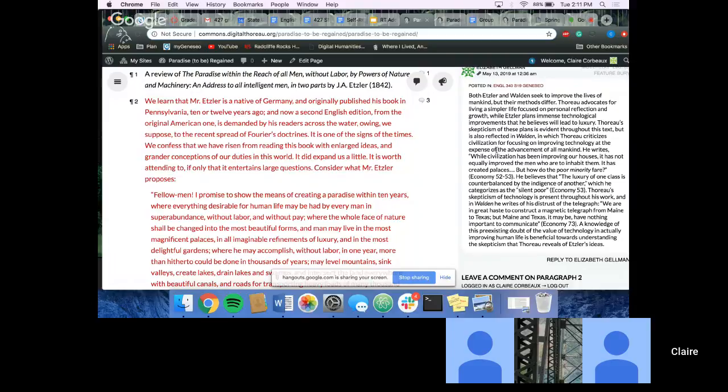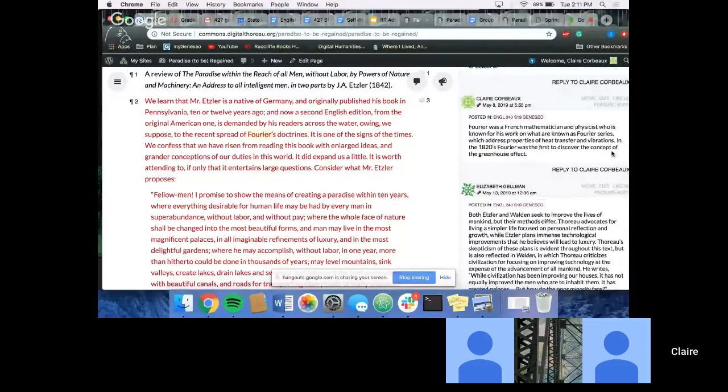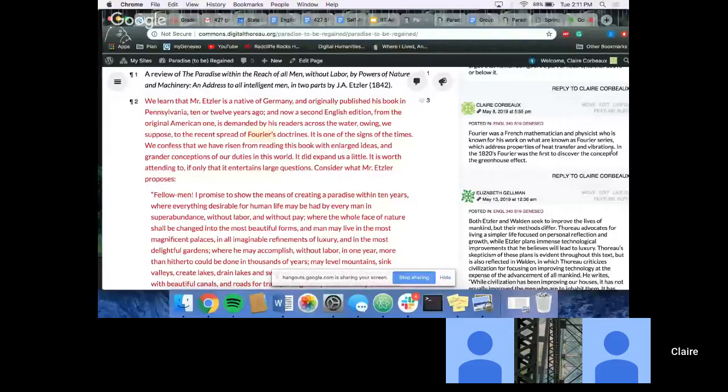Also, on the page about wind power and things, we left a comment about when that was first introduced, just to put into context how early it was that he was talking about things like that. So we tried to leave some historical context. Right there, because they talk about Fourier, I added something about him just because I knew of him, and that would be interesting to give context to that.